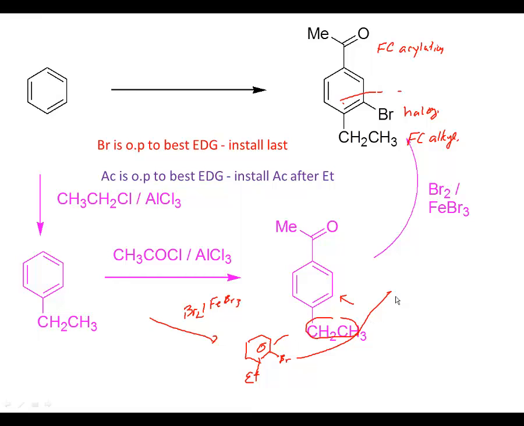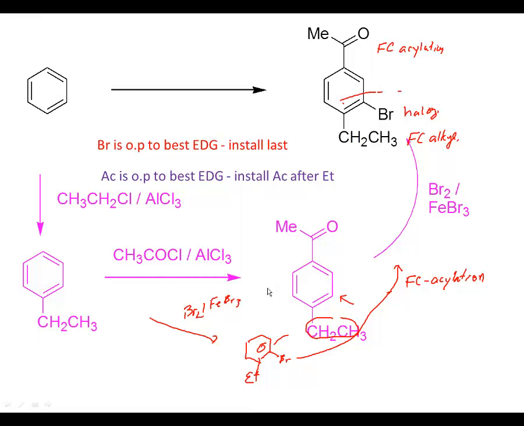But it wouldn't really be ideal, because it's unlikely. Usually you get a little bit more para than ortho, but the ethyl is a stronger donor than bromine, so that would be okay.